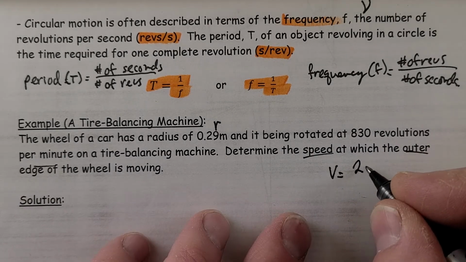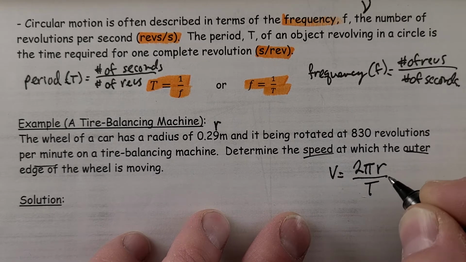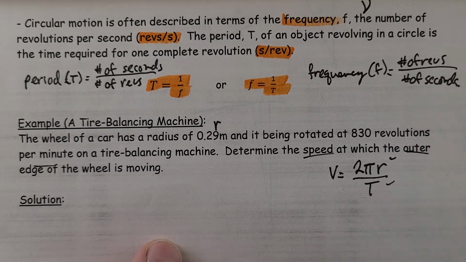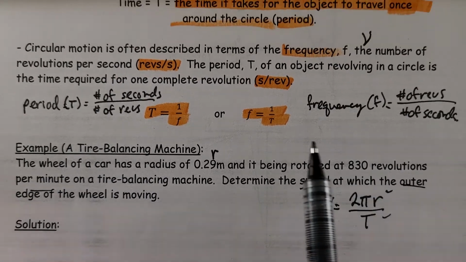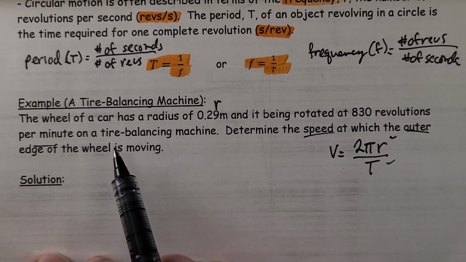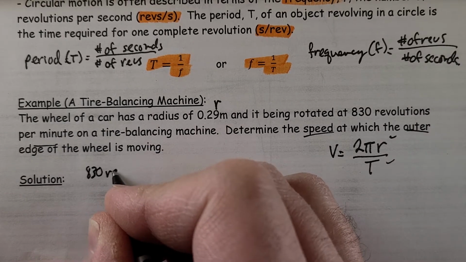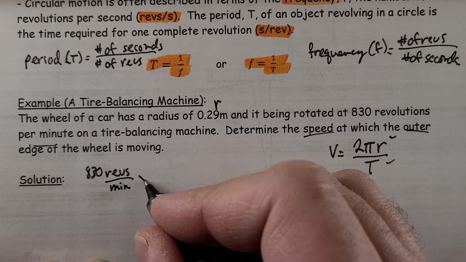So of course speed in circular motion is 2 pi r over T. So we know the radius, but we don't know the T. We have some information here about the frequency, but again, we need revs per second, and here we have revs per minute. So the first thing we're going to have to do is change revs per minute to revs per second.